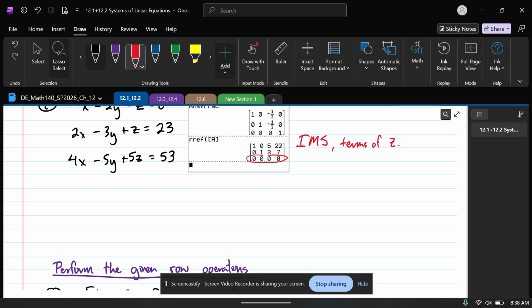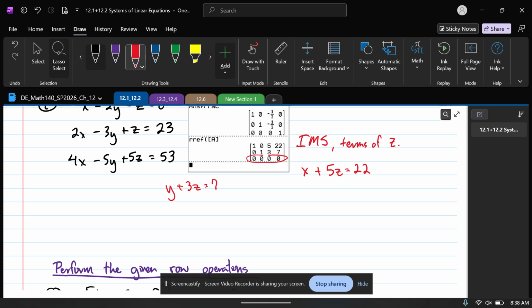So I'm going to take those two equations that I have in the matrix there. I've got x plus 5z equals 22. And then the second equation, I've got y plus 3z equals 7.